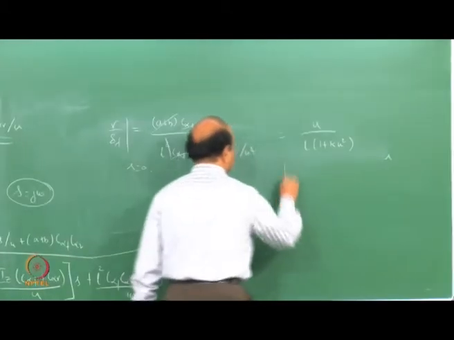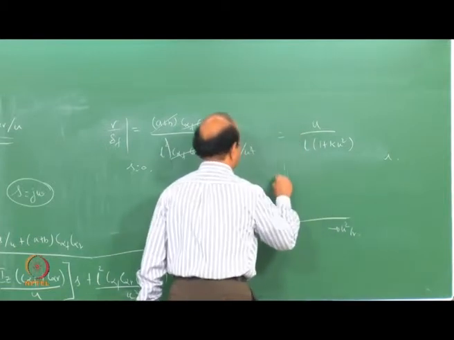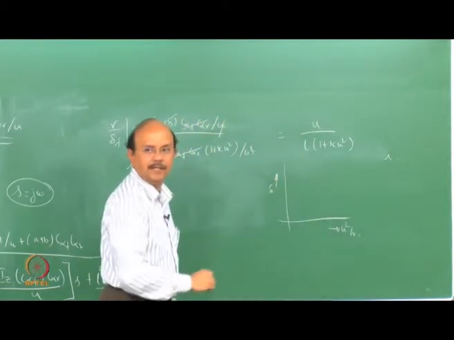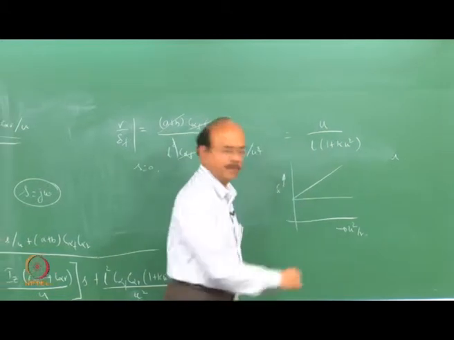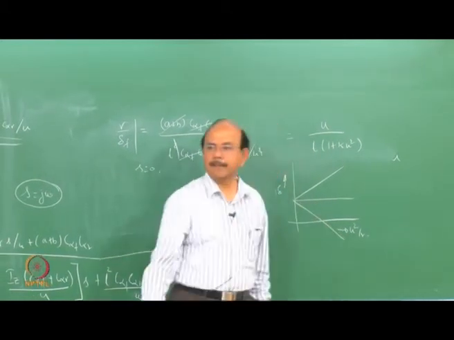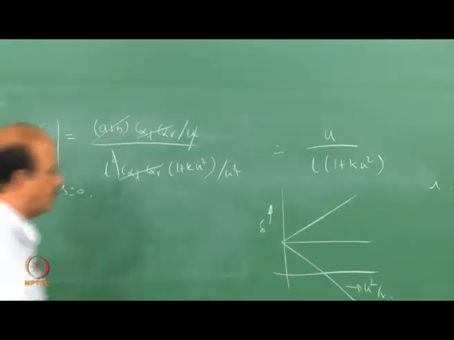Remember that we had drawn it U squared by R versus delta. The graph was like this, right? So what is this gradient? In other words, what is the slope of this?